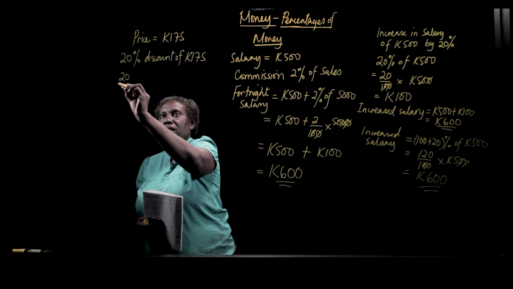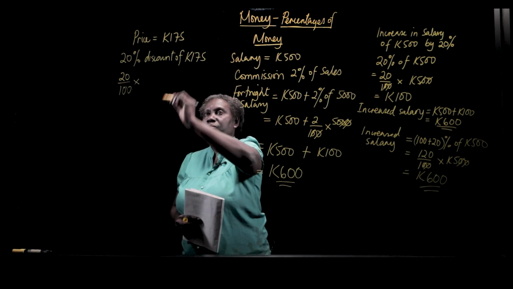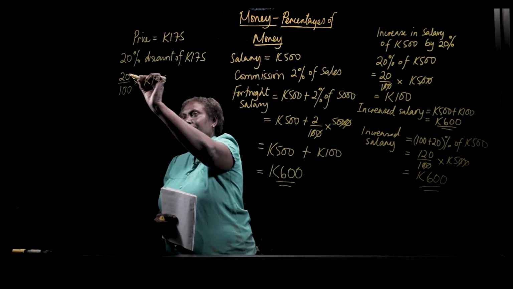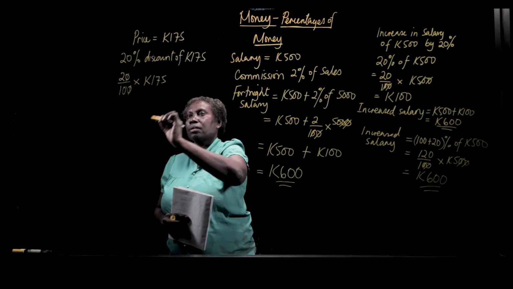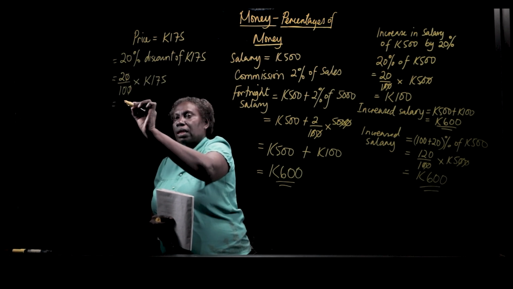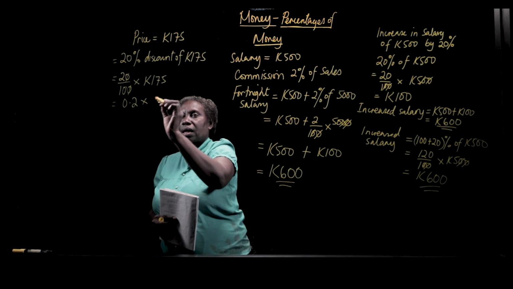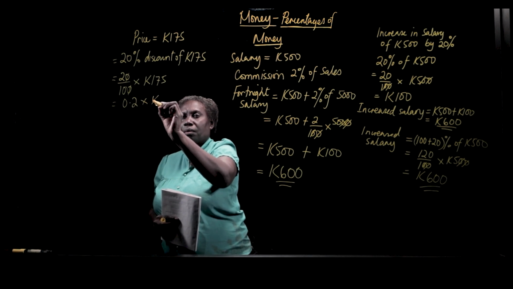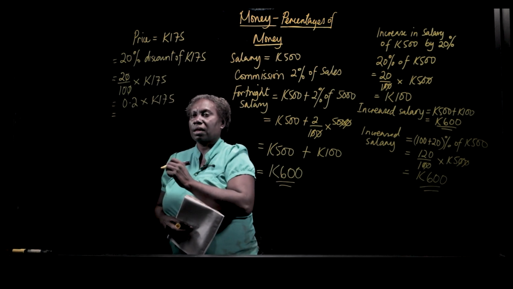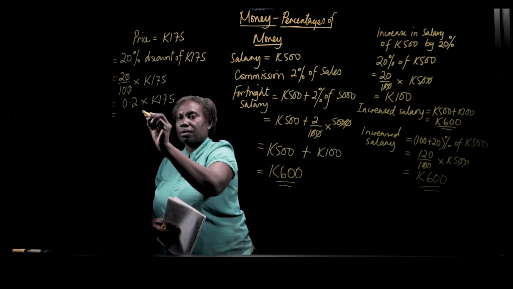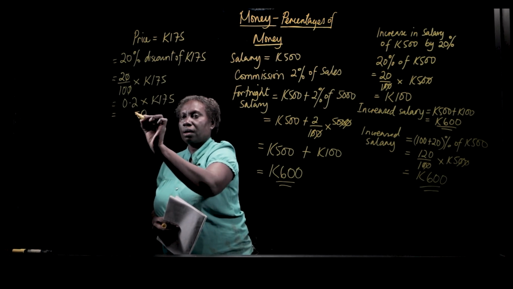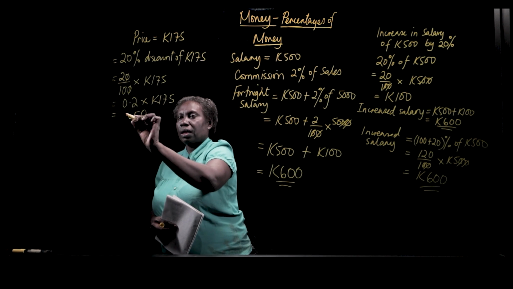So we have 20 over 100 times 175 kina. This cancels out. So we have 2 on 10, which is 0.2, times 175 kina. That gives us 2 times 5, 0, 2 times 7, 14, plus 1, 15, then 3.